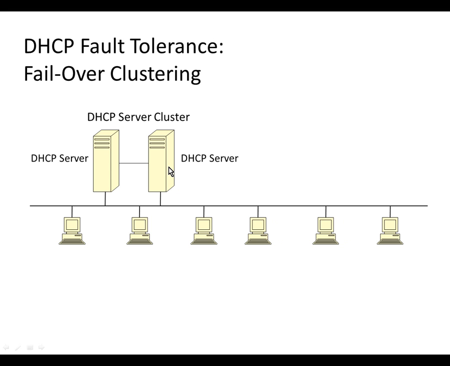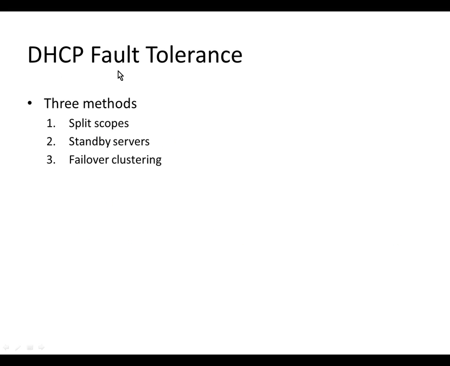When the first DHCP server crashes, then the second DHCP server kicks in and issues IP addresses to DHCP clients. So, three methods of DHCP fault tolerance: split scopes, standby servers, or failover clustering.